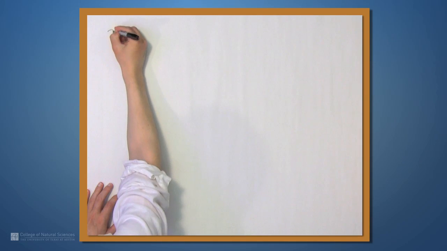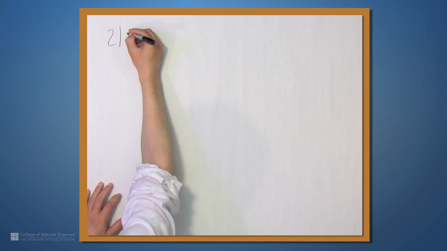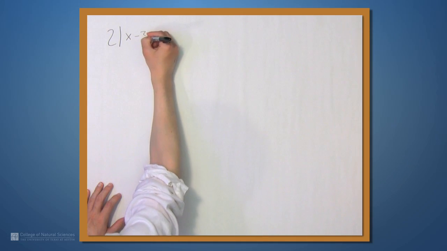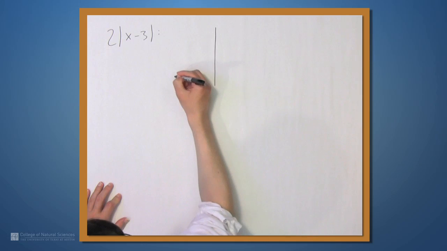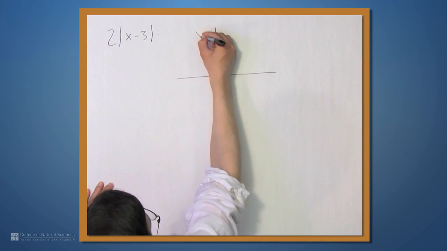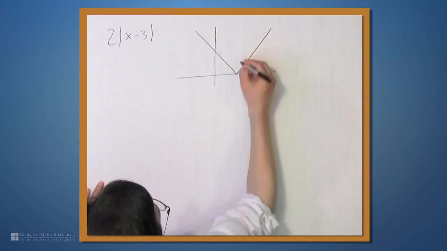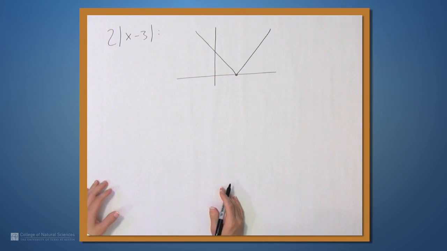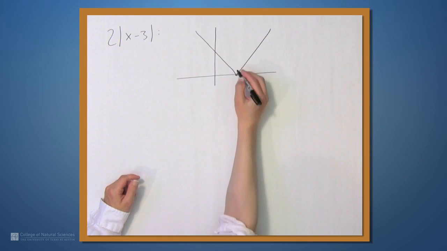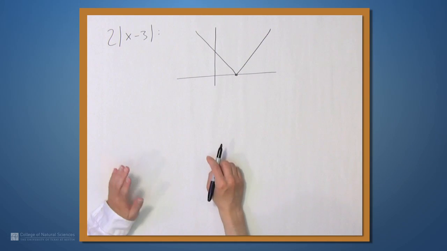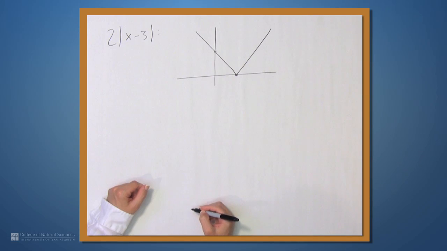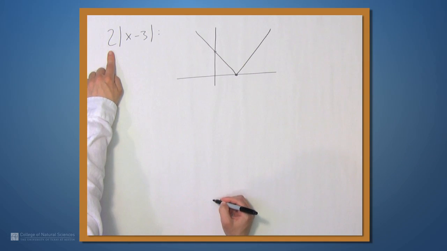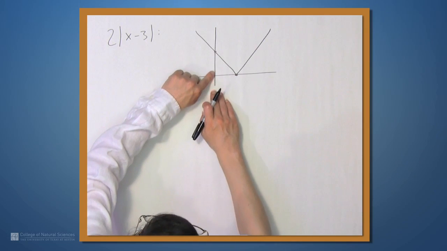So to get 2 times the absolute value of x minus 3, well, we're going to start with the graph that we just had. And since we're not really worried about anything other than making a sketch, this doesn't have to be nicely to scale or anything like that. We can essentially draw the same picture. The only thing that changes when you multiply this by 2 is that you're stretching the y-axis.